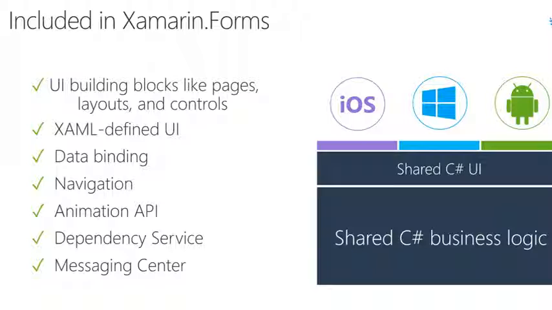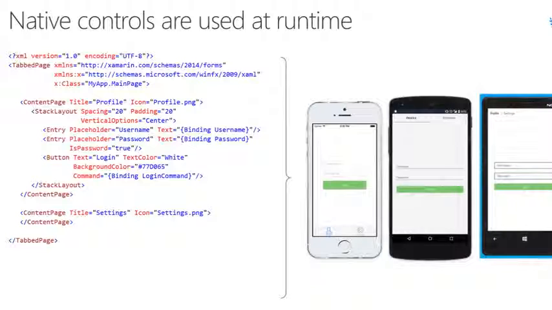And this is very much like the XAML you've been using as a Windows developer. And it also supports data binding, and this lets you achieve a really strong separation between your UI and your business logic. And Xamarin Forms includes a number of really useful APIs to help with things like navigation, animation, and even dependency injection.